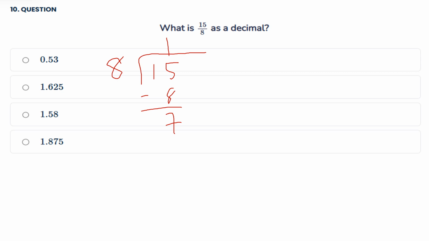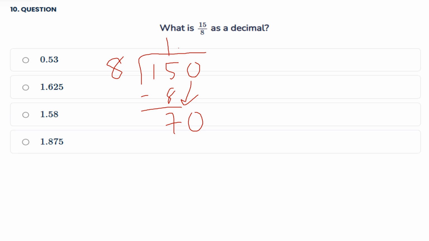All right. 8 can't go into 7 evenly. So what we need to do is add our little 0 here and put our little decimal place up there. We need to bring that 0 down. And that decimal place went there. Okay, there we go. I don't know why it disappeared, but now it's back.